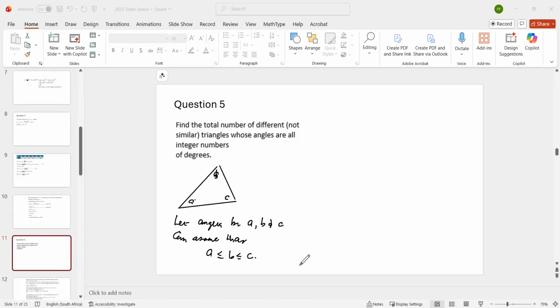We can make this assumption because if all these are integers, then no matter how you mix them around, they'll still be integers. But we also know that a plus b plus c, because they are angles of a triangle, sum to 180 degrees.